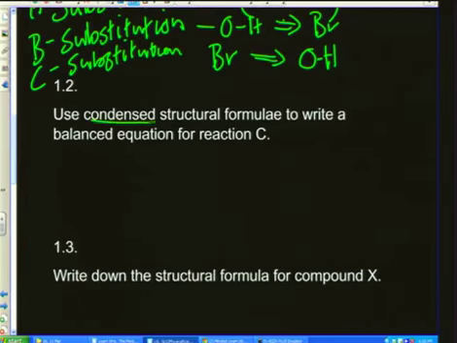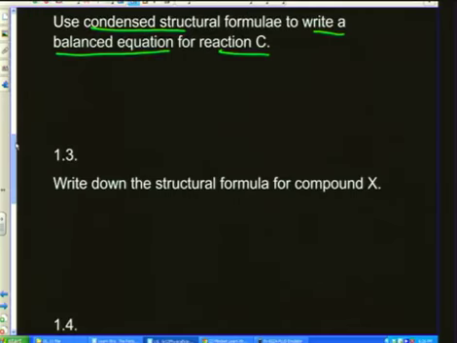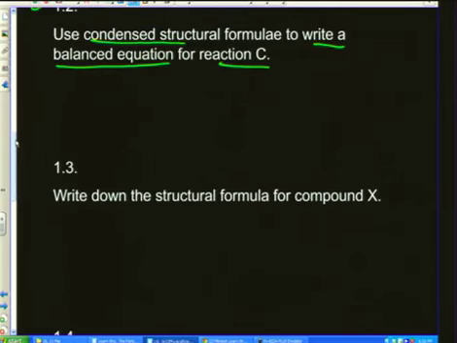Use condensed structural formula to write a balanced equation for C. Now, reaction C was when we went from the 1-bromopropane to propan-1-ol. So let's make sure that we've got it right.